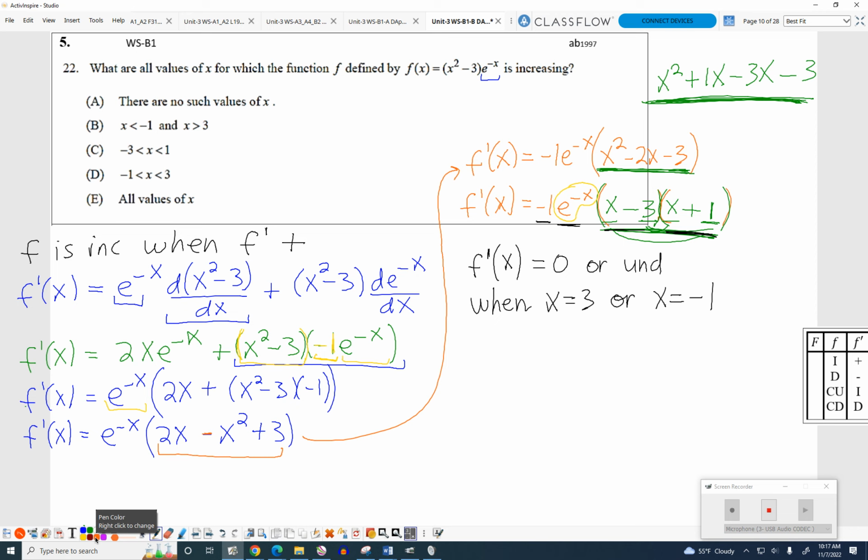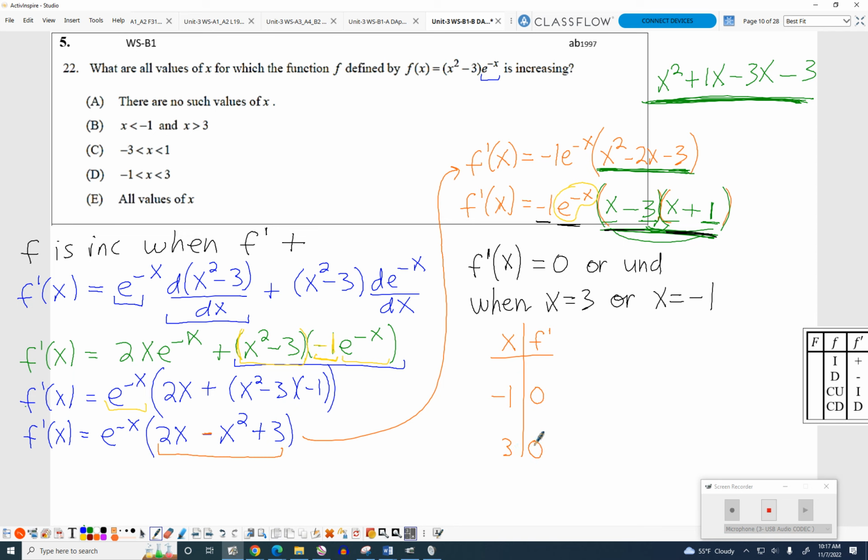X and f prime. 2 points. Questions? Stella, now what? Well, I would first put in that negative 1 goes to 0, and 3 goes to 0. Nicely done.